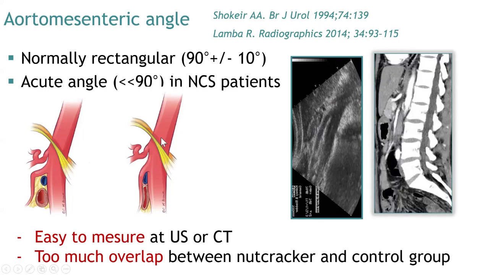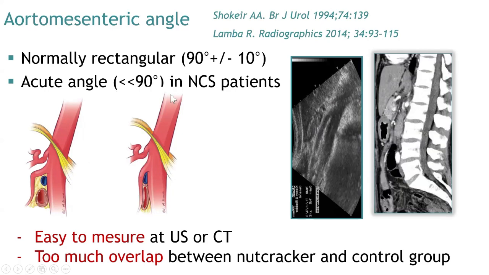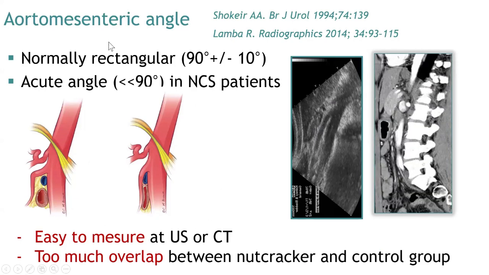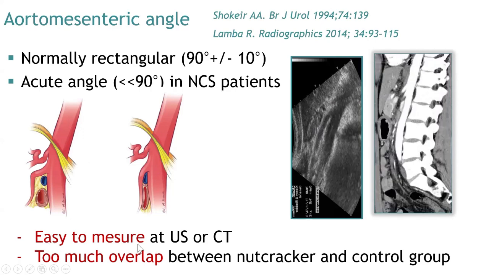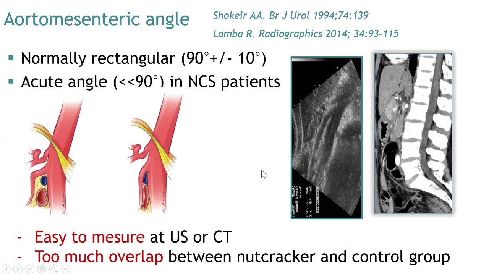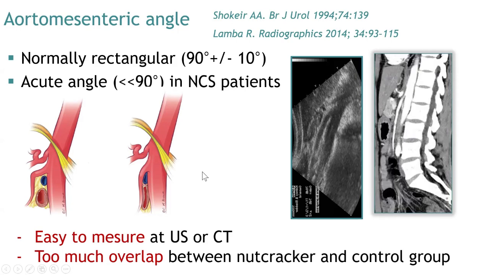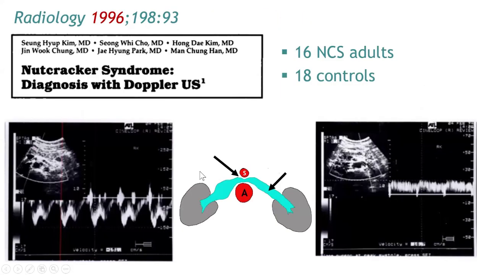And when this angle is narrow, we can suspect Nutcracker phenomenon. But although it's easy to measure, there's also too much overlap between the Nutcracker and control group. So it's also not easy to use this aortomesenteric angle in differentiation between the Nutcracker and the control group.